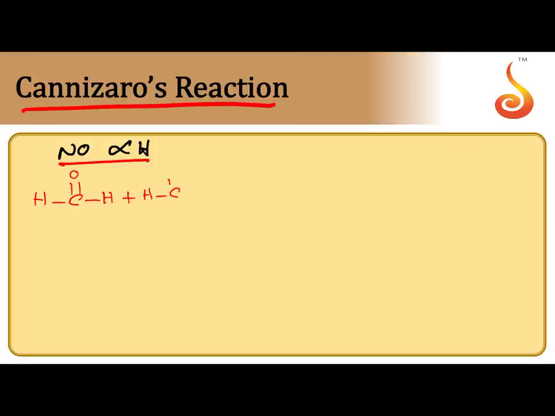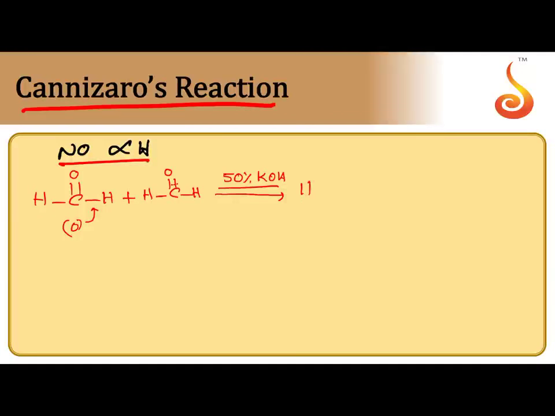That's why two formaldehyde molecules on treatment with concentrated alkali like 50% potassium hydroxide, what happens? One carbon undergoes oxidation, the other carbon undergoes reduction. Just for understanding purpose, I am giving this. This is not the actual mechanism.